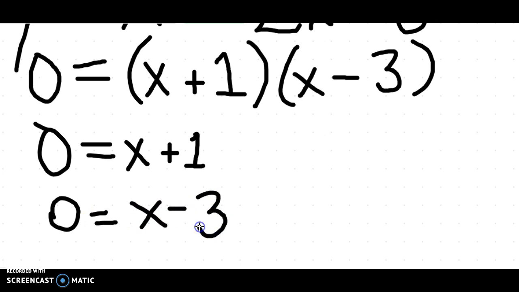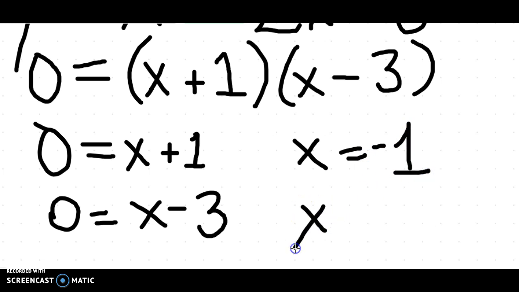So in this case, that x value has to be -1, right? Because -1 plus 1 would give me 0. And this x value has to be 3, because 3 minus 3 would give me 0.